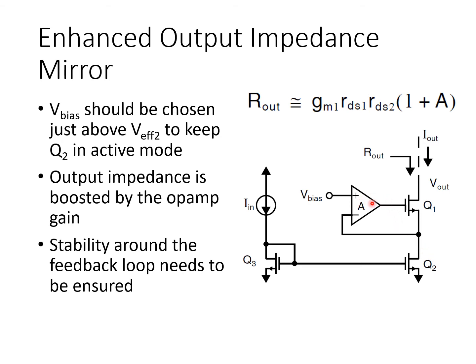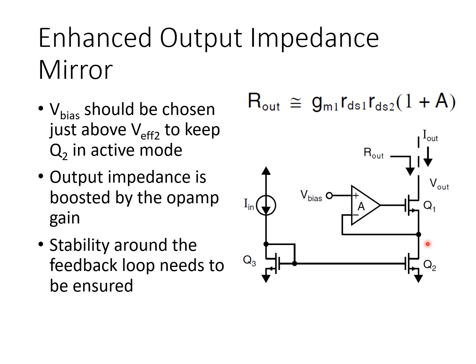Then the amplifier is going to generate whatever gate voltage is required to try to clamp, really hold, that voltage constant at V bias and not let it move around at all. And so by doing so, it really limits the channel length modulation that arises in Q2 and therefore keeps its drain current very, very constant, even in the presence of voltage swing at the drain of Q1.